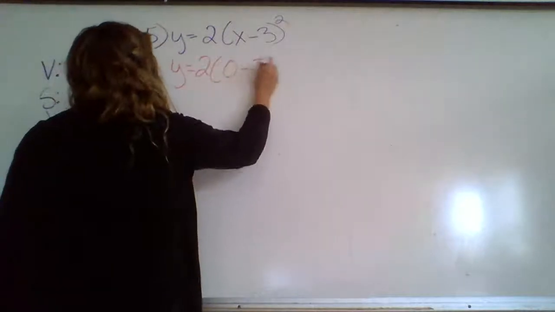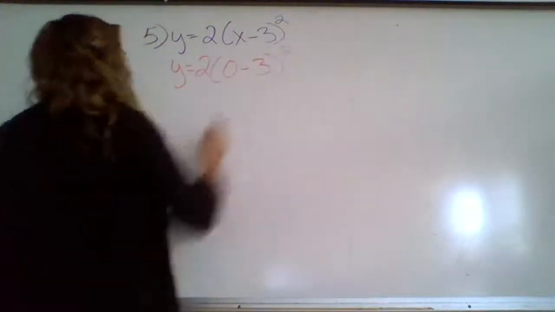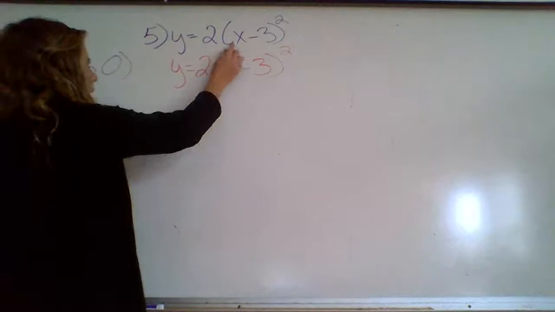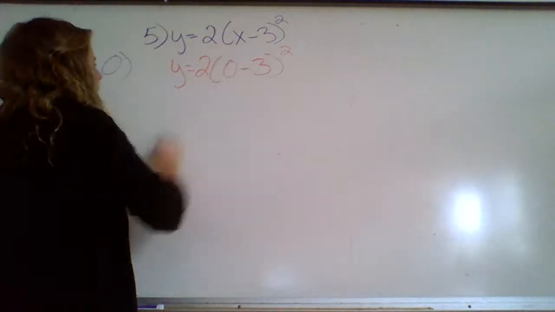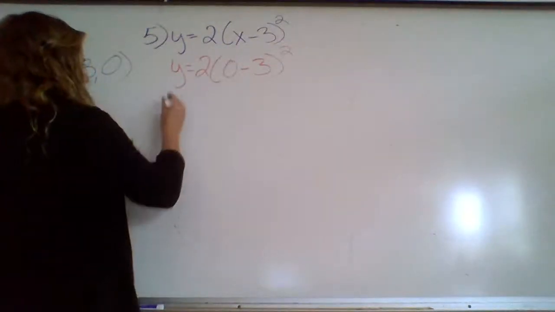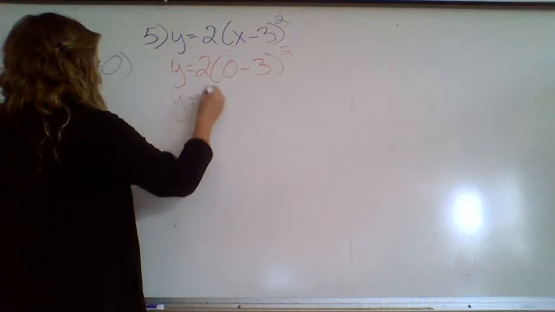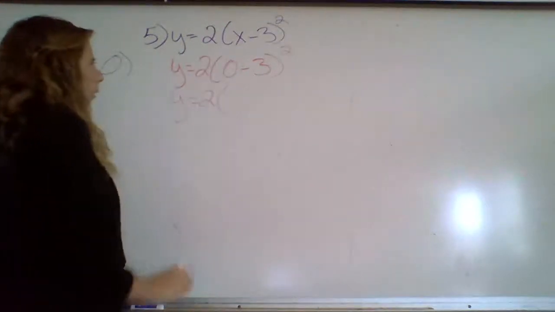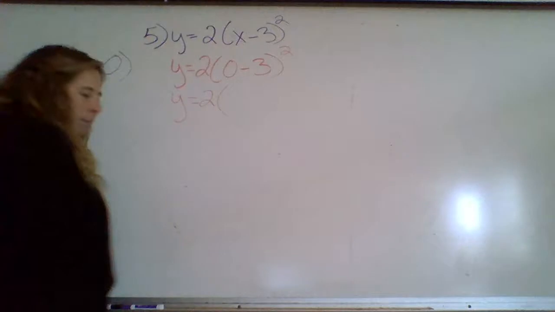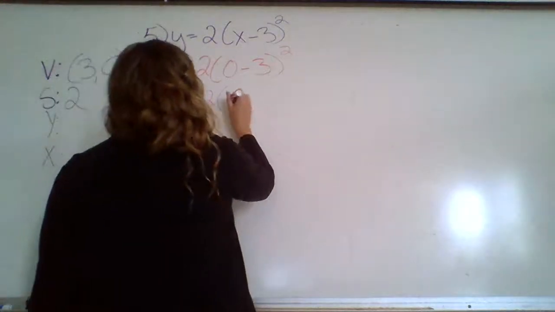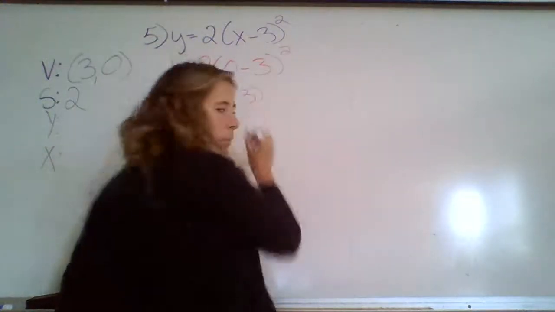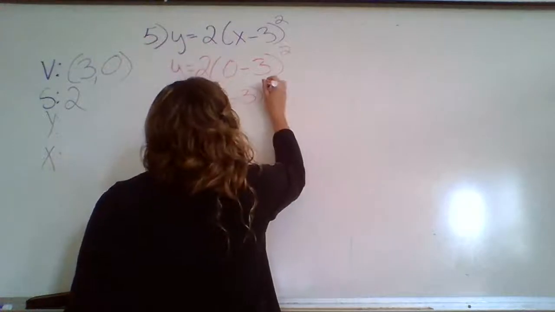Zero minus 3 squared. Okay, all I did was substitute 0 in for the x. Everything else is the same. Zero minus 3 is -3. Squared.